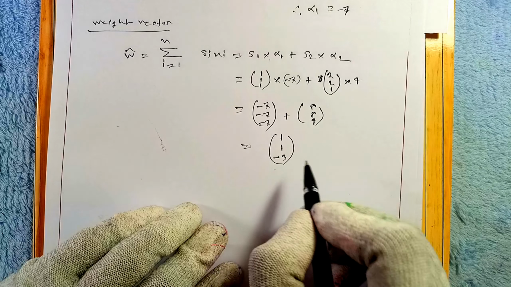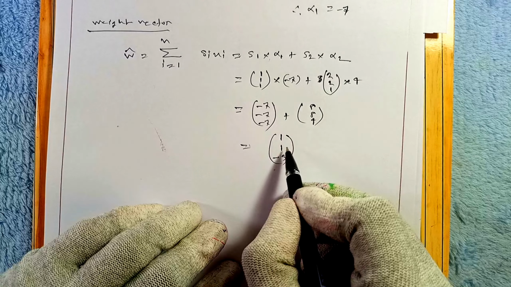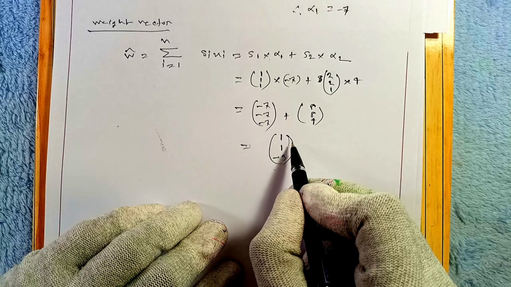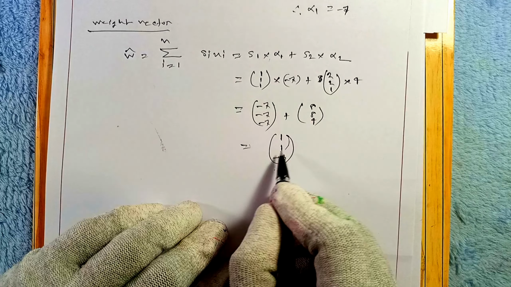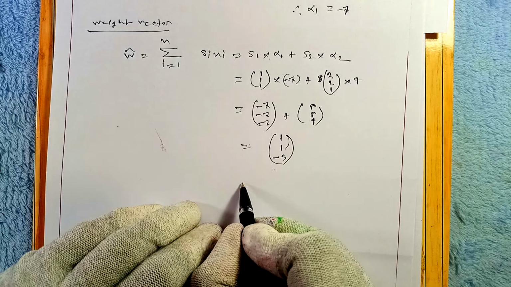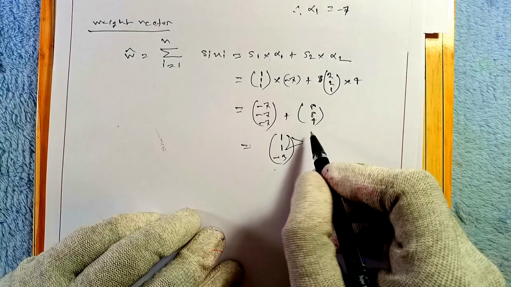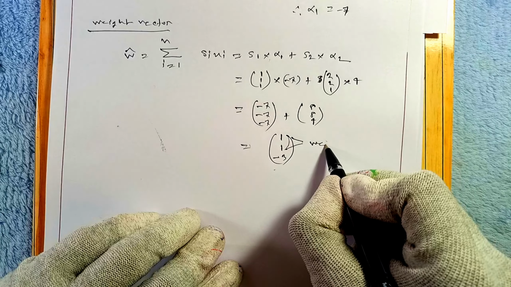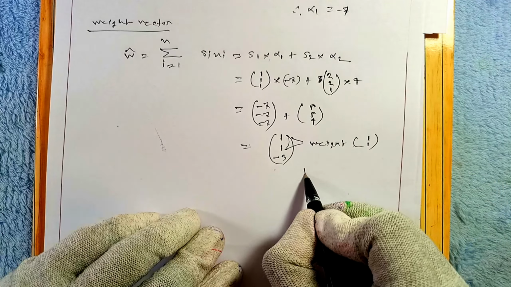Here, remember, the first two values are our weight and the last one is the bias. So in this case the first two, 1 and 1, are the weight, and the bias is minus 3. So the weight will be (1, 1) and the bias minus 3.